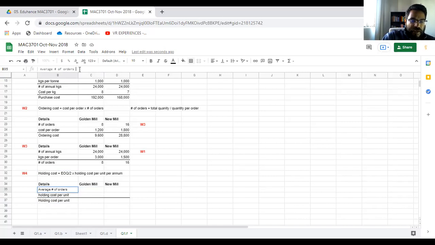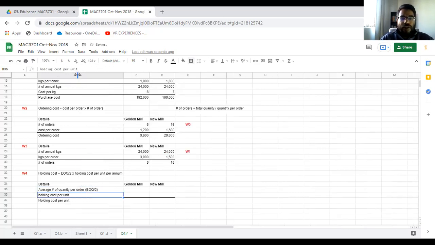So just to put in brackets, it is the average number of orders. That's why we say EOQ divided by 2. Just to take note, we're working out a holding cost, and this holding cost per unit is an annual cost, per annum.